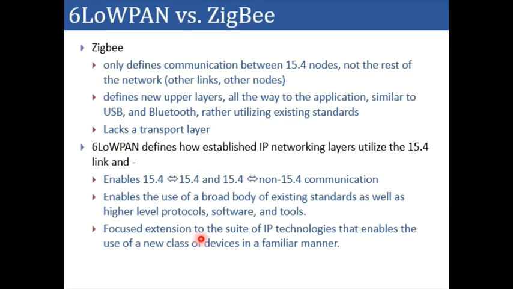It focuses on extension of the suite of IP technologies that enables the use of a new class of devices in a familiar manner. So the biggest advantage is that by using 6LoWPAN, we can utilize all the standard functions which are part of the TCP/IP layers for 802.15.4 data communication also.